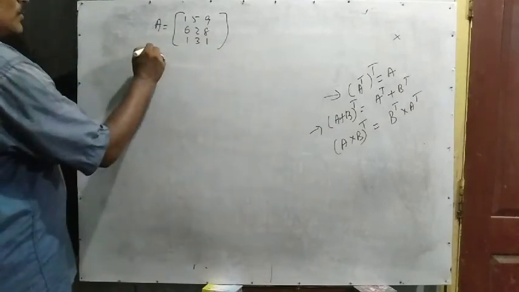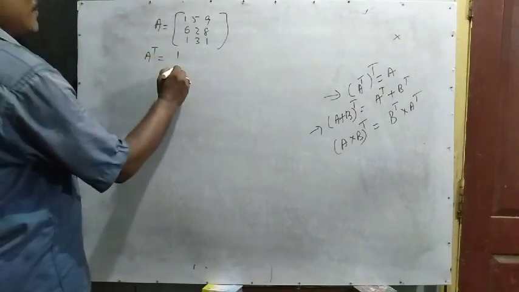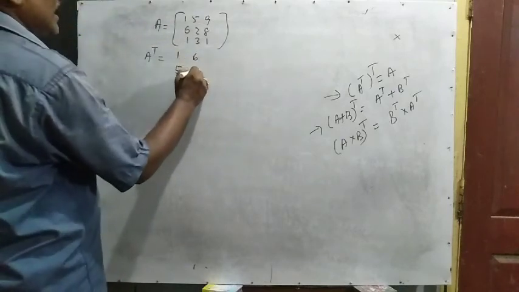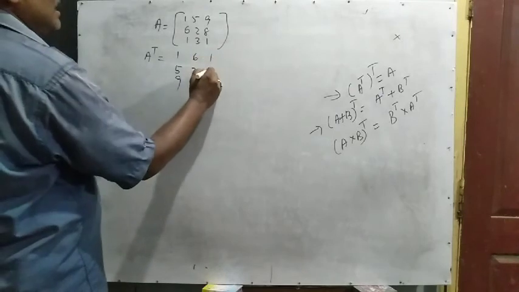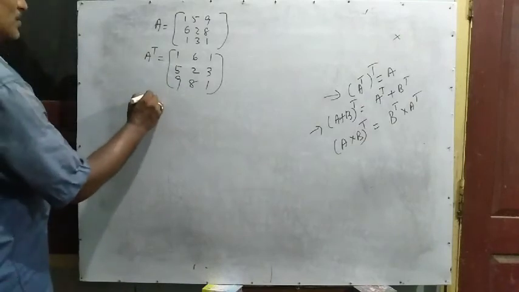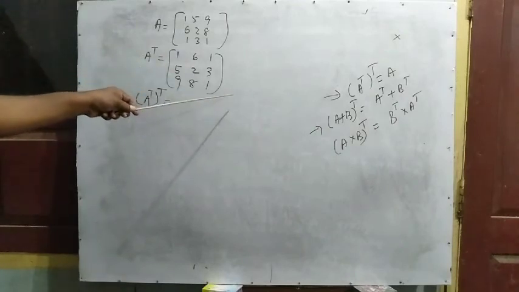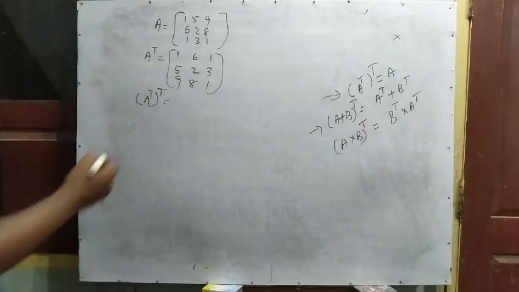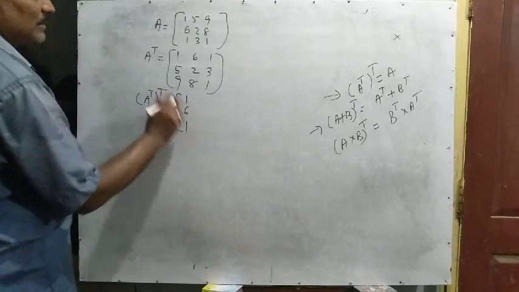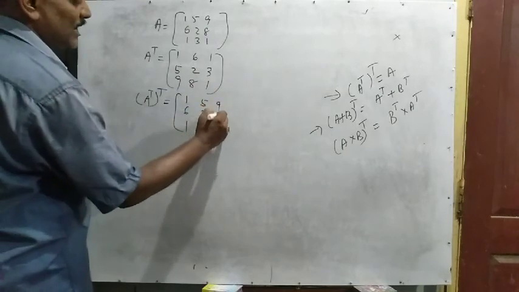A transpose: the first row 1 5 9 becomes the first column, the second row 6 2 8 becomes the second column, and the third row 1 3 1 becomes the third column. Again we take the transpose of A transpose, and the rows change: 1 6 1, 5 2 3, 9 8 1.